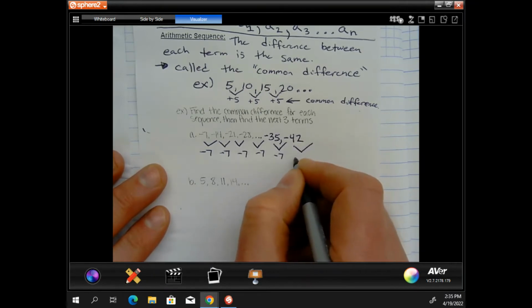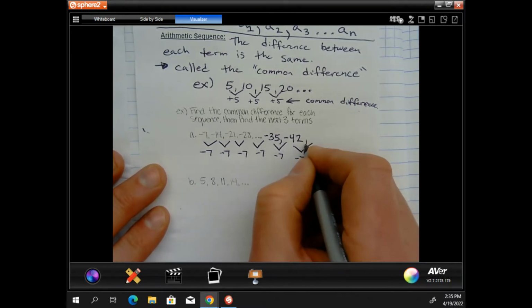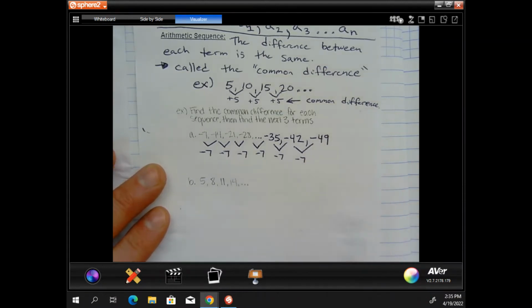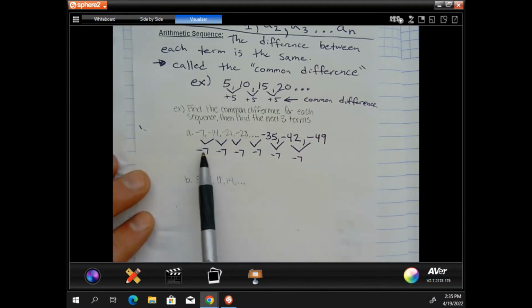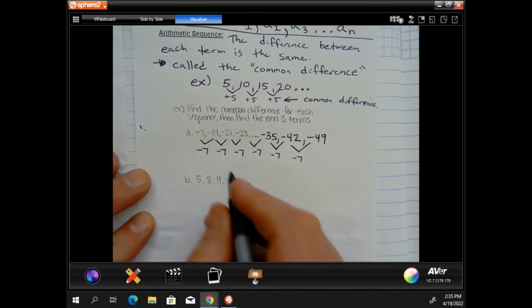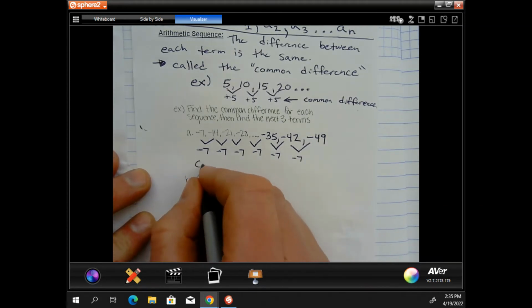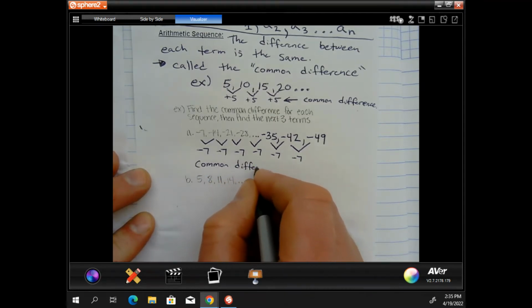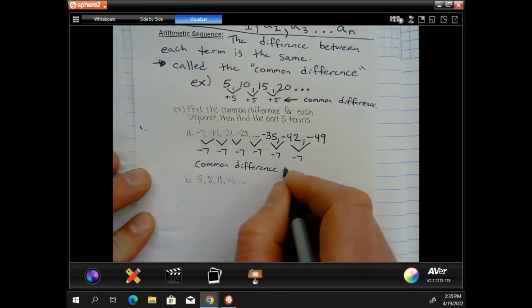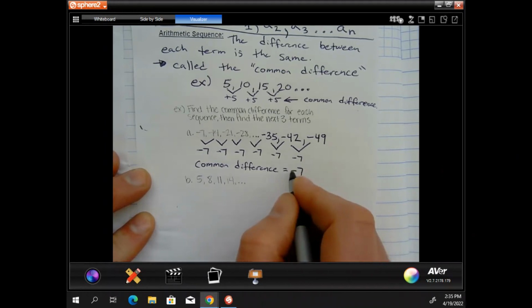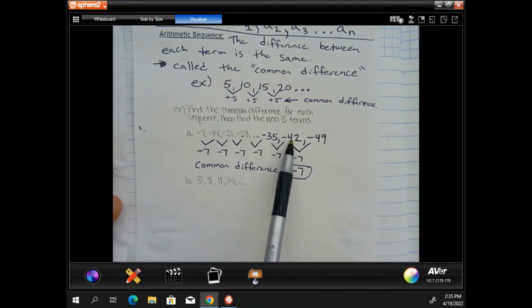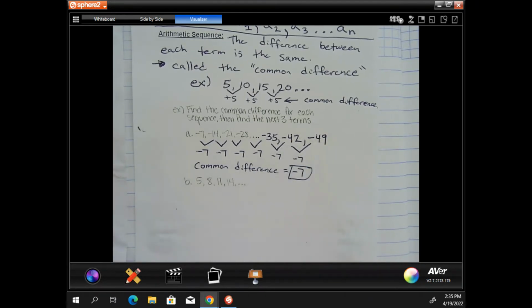Then we're going to subtract 7 again, and our next term would be -49. So our common difference is -7. And our next three terms are -35, -42, -49.